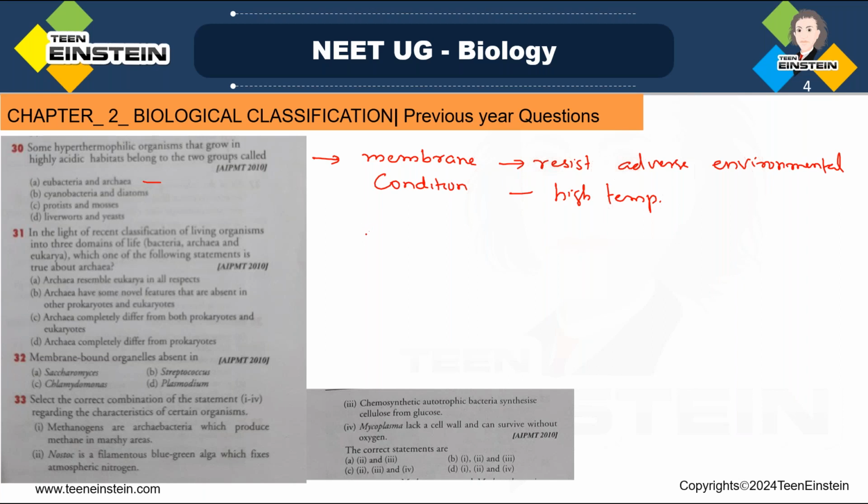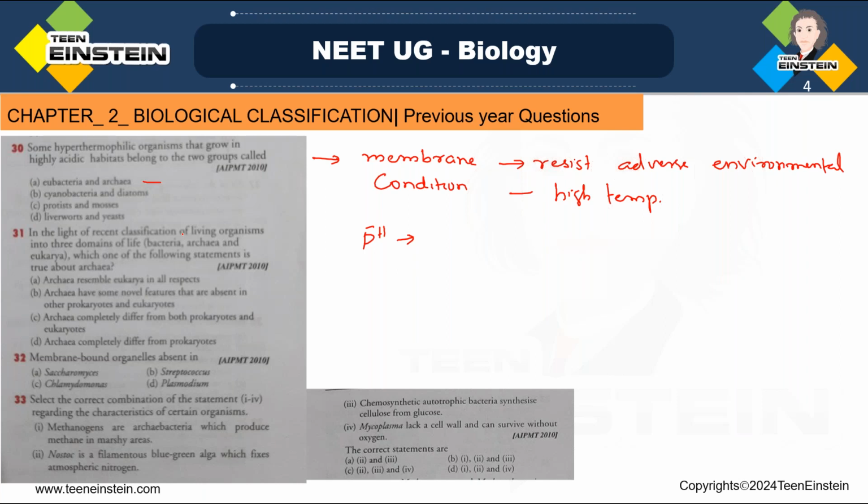If pH is above 7, it is a basic condition, right? And if pH is below 7, and very low, it will be highly acidic. So here archaebacteria and eubacteria can survive in low pH also. Low pH means acidic condition, so they can live in an acidic habitat also.